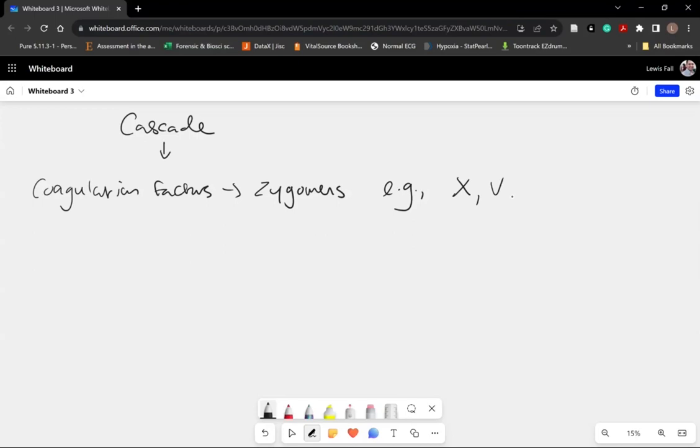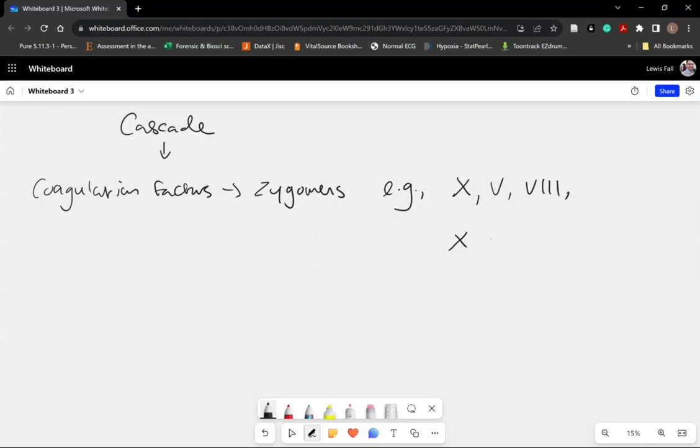So 10, 5, 2, which is prothrombin. Okay, so that's actually probably a really bad one to do. Say 8. Okay, so they're the inactive precursors, and then they become activated.